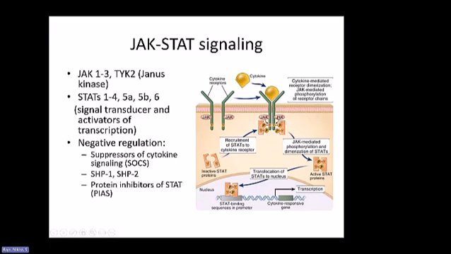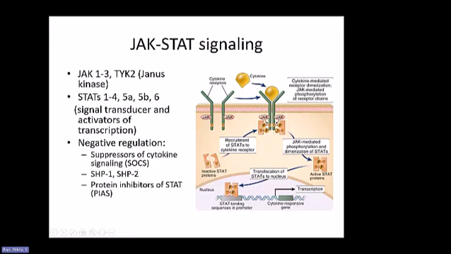And those JAKs can help in phosphorylating or recruiting STATs. STATs are in the cytoplasm, inactivated. When the cytokine binds to these receptors, they can recruit STATs to that cytoplasmic tail, and the JAK will, remember, Janus kinase means it's a kinase. Kinase means it can add a phosphate molecule. Two JAKs are attached to the cytoplasmic tails.